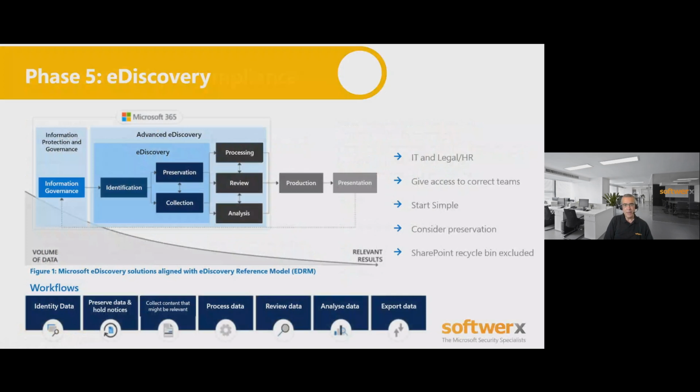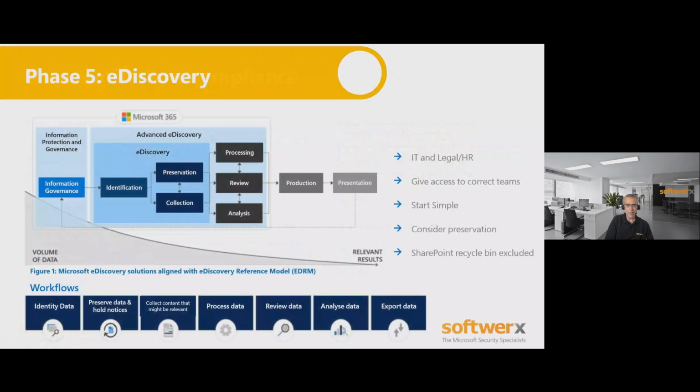There might be a legal requirement, a potential insider risk that we want to investigate, a legal case, a customer complaint, or all of the above, or a subject access request. You've got to think about what you are using. Am I using the right tool? If it's a subject access request, why would I use eDiscovery with advanced eDiscovery? I probably just want to go and run the search.